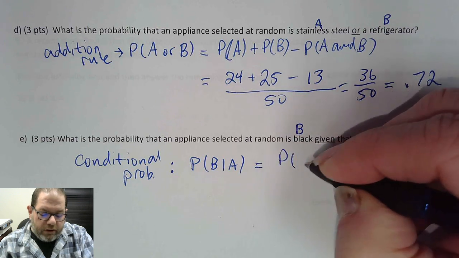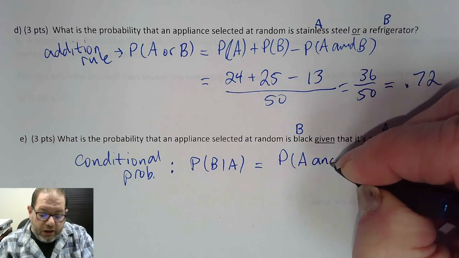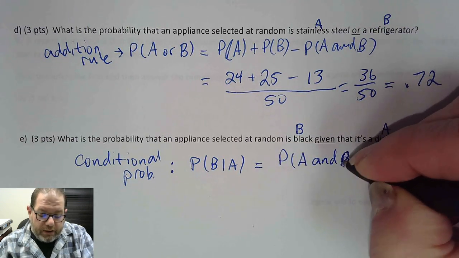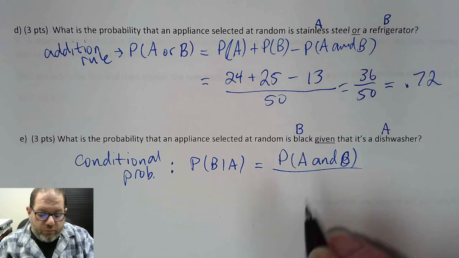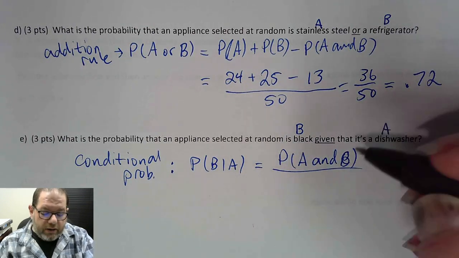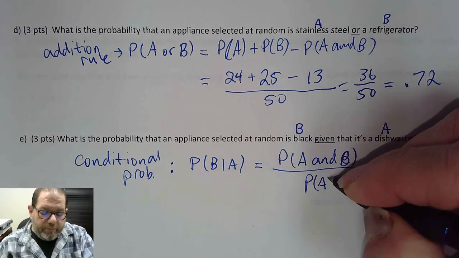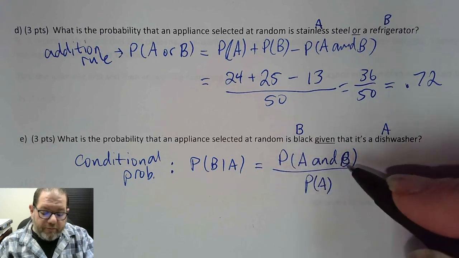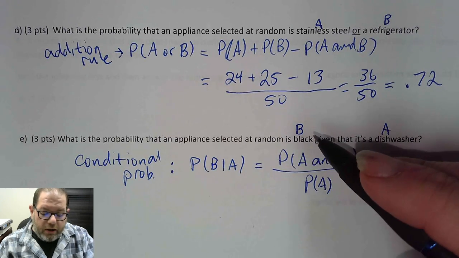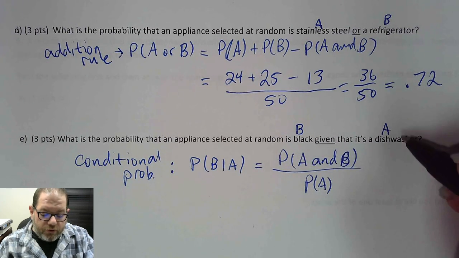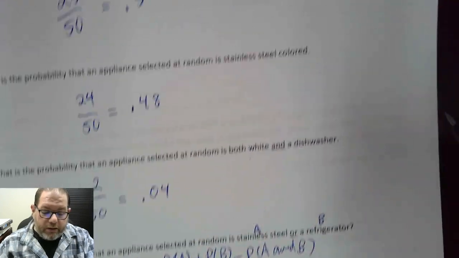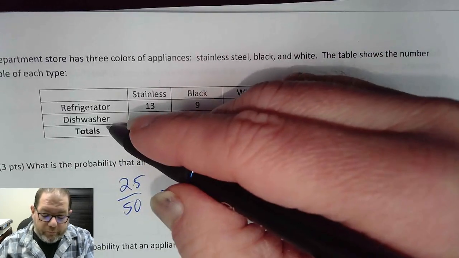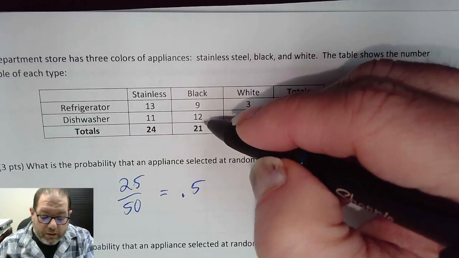Now, again, the formula is we want the combination of the two, A and B in this case, and then whichever one is given, A, is the one on the bottom. So probability of both A and B, which is that it is a dishwasher and it's black. This is my dishwasher at home.